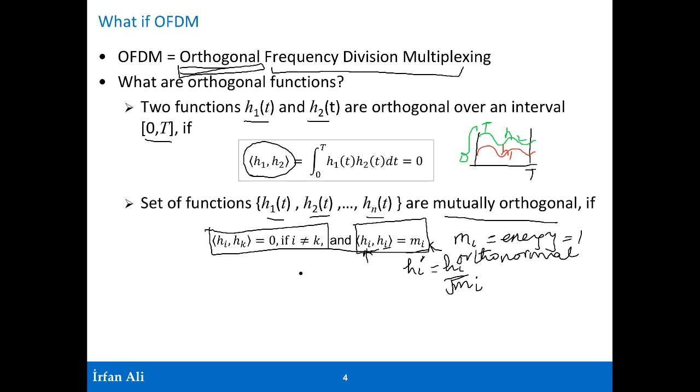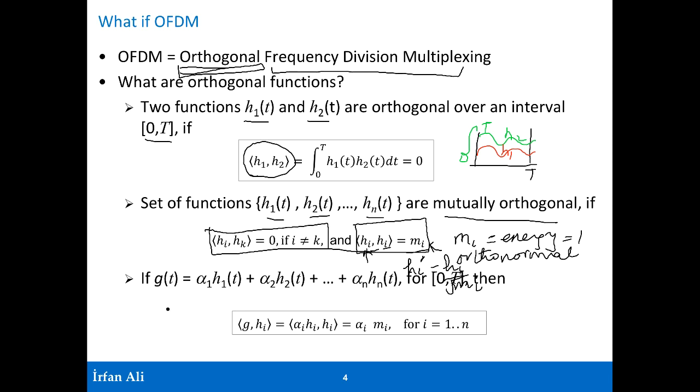The important corollary that comes out of this, and this is what OFDM actually ends up doing, is that if you have a composite signal consisting of the various orthogonal or orthonormal functions multiplied by some scalar alpha i, and you take the inner product of this composite signal with any of the individual orthonormal functions, you'll end up with the energy of that particular component, the ith component in the composite signal.